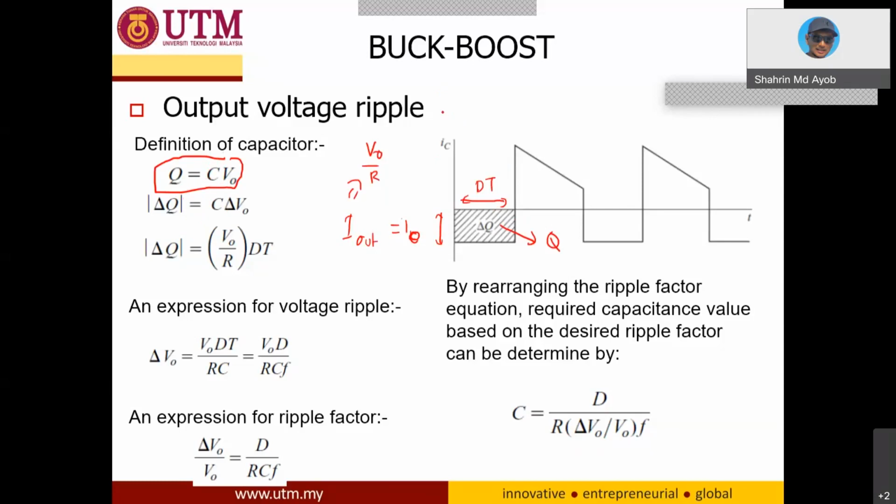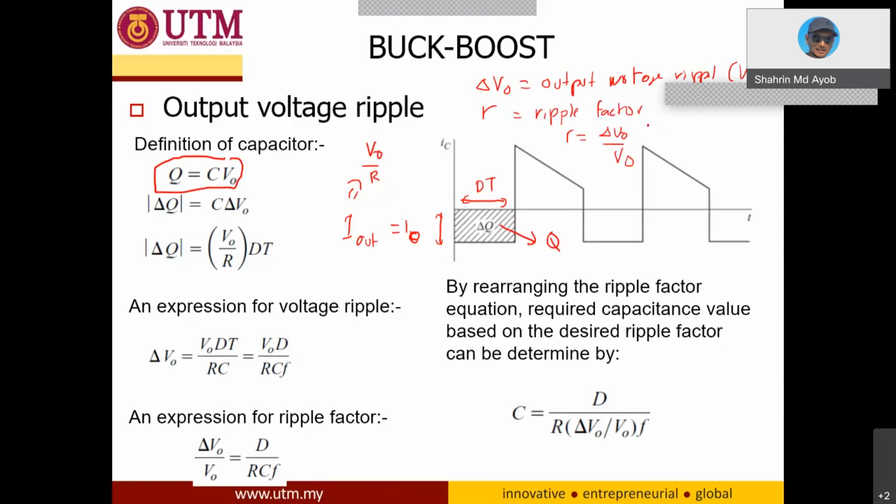I want to highlight that for output voltage ripple, we have this one, the output voltage ripple, and the unit is volts. We have another one, R, which is the ripple factor. The ripple factor is delta V out over V out.